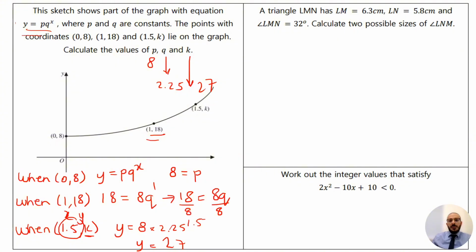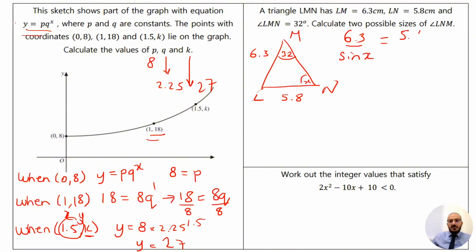There you go. Okay, next question: triangle LMN has LM side of 6.3, LN as 5.8. So this triangle here, if I call this LMN, this is x, this side is 5.8, this side is 6.3, and this angle here is 32. Now, I can use the sine rule, so I can do 6.3 divided by sin x is equal to 5.8 divided by sin 32.